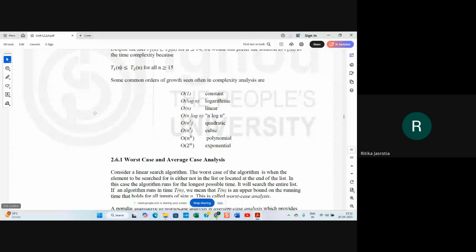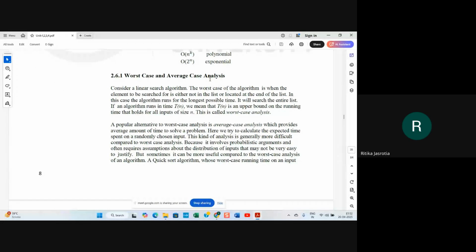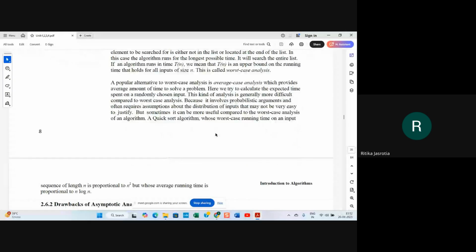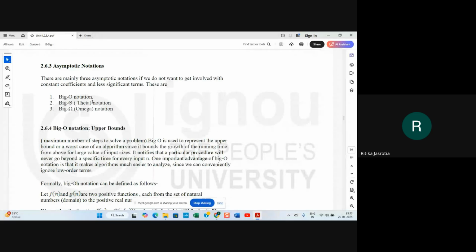Again, they are talking about constant, logarithmic, linear, n log n, quadratic, cubic, polynomial, and exponential, the common orders of growth which we have seen earlier. Then they are talking about worst case and average case analysis, which we had seen last time. Then they are talking about big O notation, big theta notation, and omega notation.